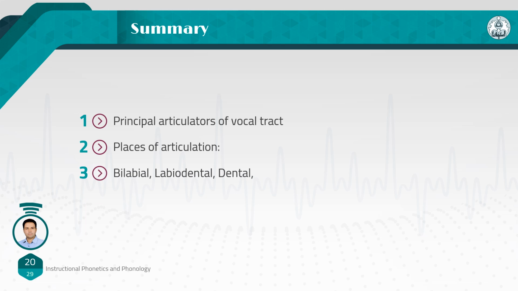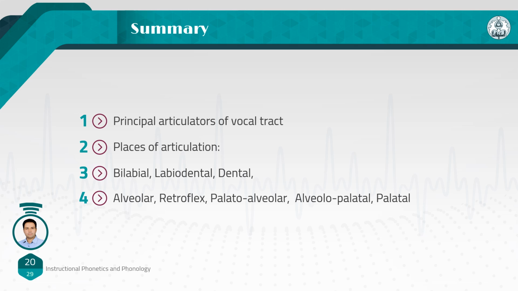We introduced bilabial, labiodental, dental, alveolar, retroflex, palatoalveolar, alveopalatal, and palatal. We also introduced other places of articulation like velar, uvular, and glottal. This is the end of the second session on places of articulation.